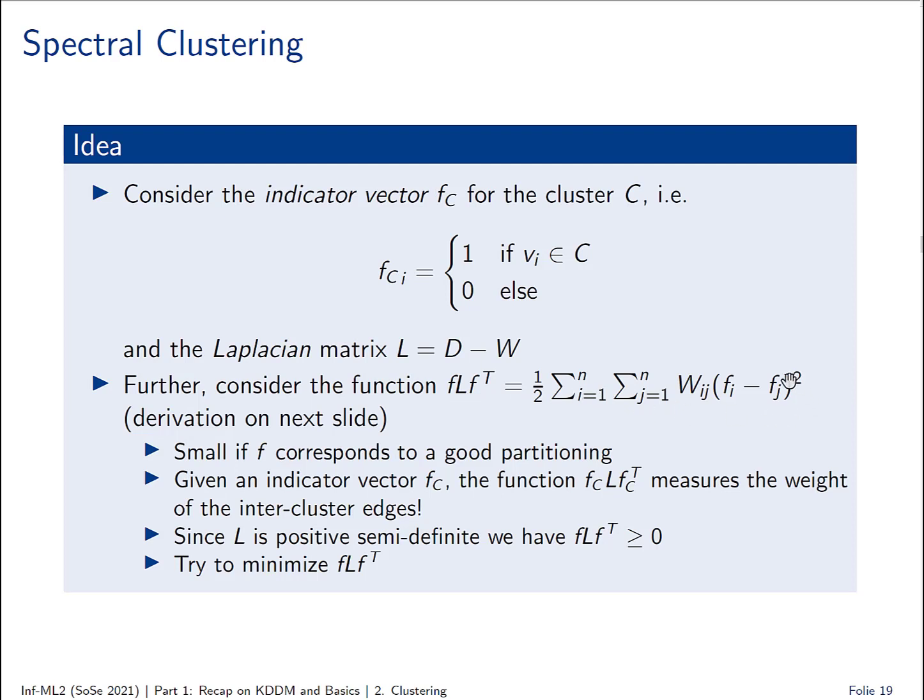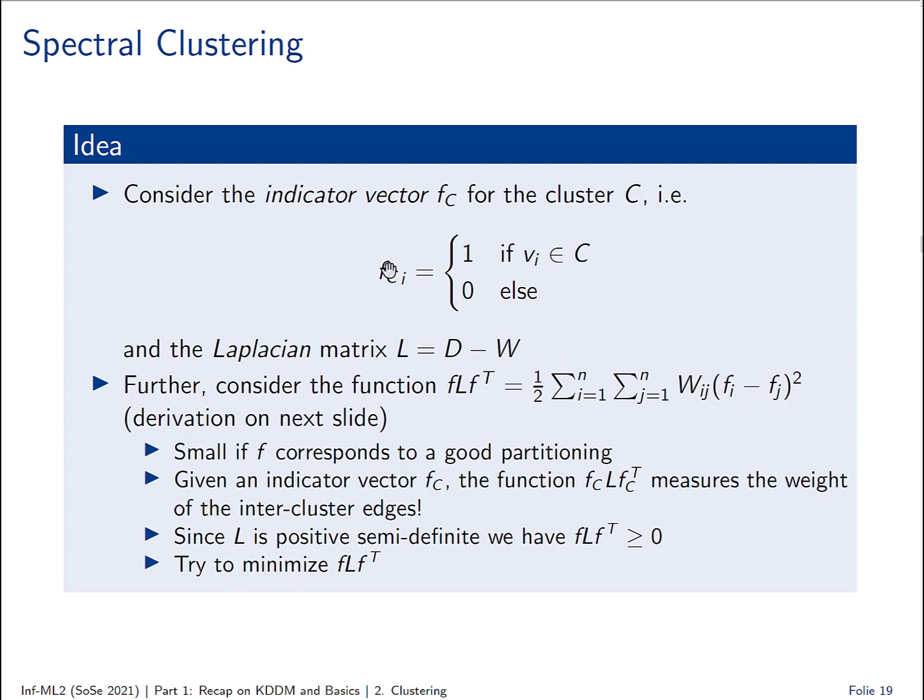But if we have a closer look at this part here on this side, we will see the following effect. fi minus fj means, if object i and object j are in the same cluster, it's a 0. Then the weight between those two objects doesn't play any role in this sum here. If they are in different clusters, then that is obviously +1 or -1, depending on whether this is 0 and the other one is 1, or the other way around.